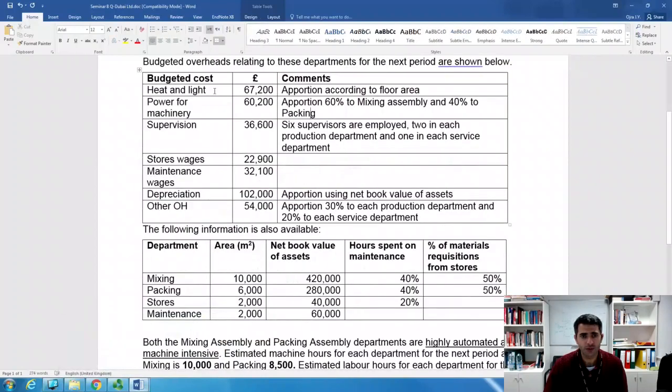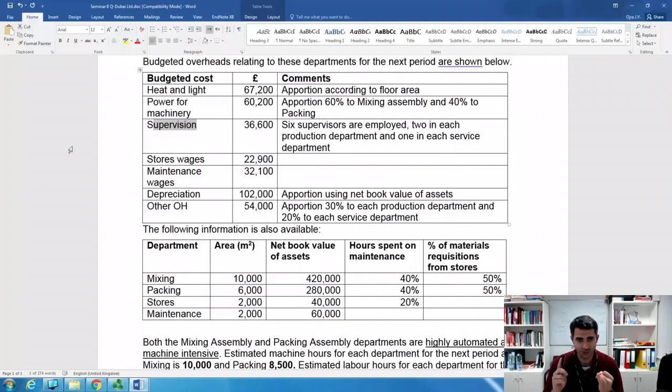Now the third one is the supervision salaries. The total cost is £36,600. And again, how to do it? Very simple. If you look at the comments, it tells you that 6 supervisors are employed, 2 in each production department.